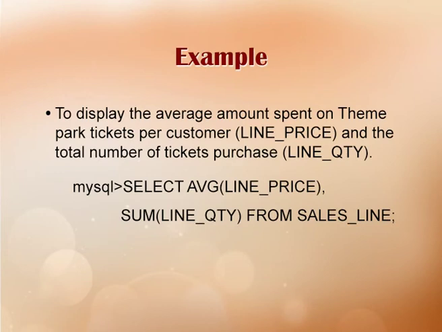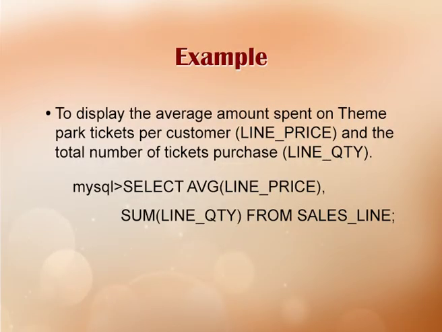The commands to be given are avg for average and sum for sum. In this example, we want to display the average amount spent on theme park tickets per customer and the total number of tickets purchased. So, total number means we have to find the sum, and for the average amount spent we find the average over line_price, the column in which we get the amount spent.